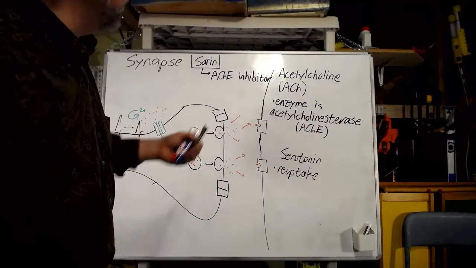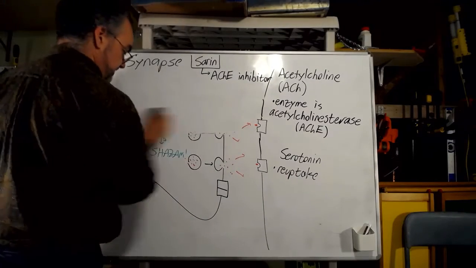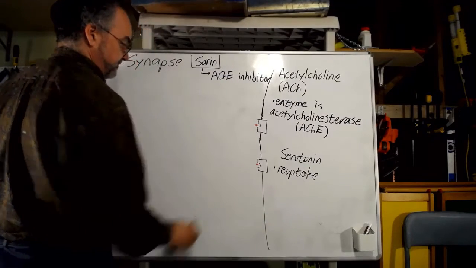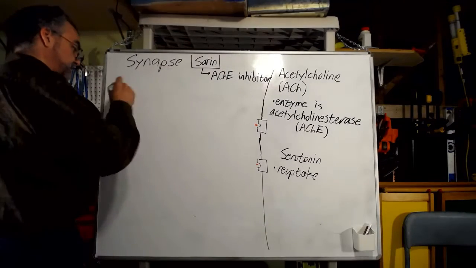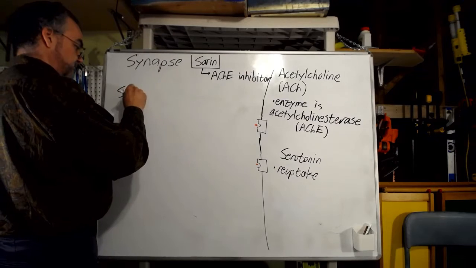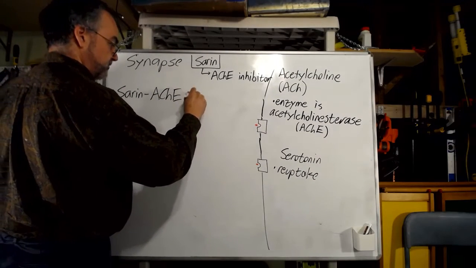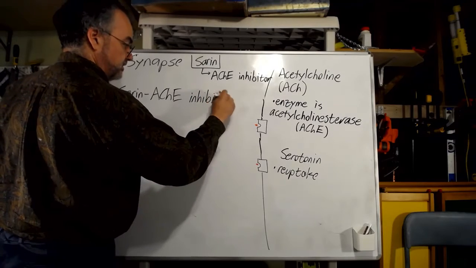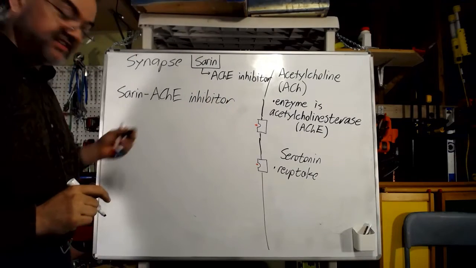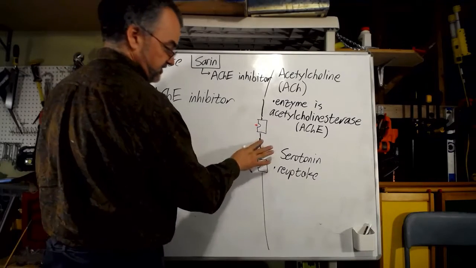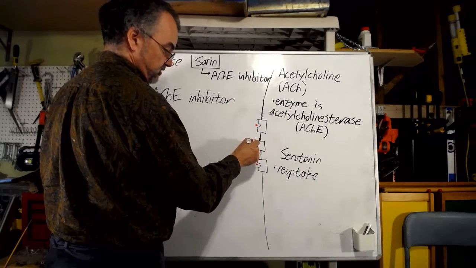I think that might be in the glare, so I think you've had enough time to look at this part of the diagram. So I'll write it again over here. The nerve gas sarin is an acetylcholinesterase inhibitor, meaning it interferes with the activity of acetylcholinesterase.